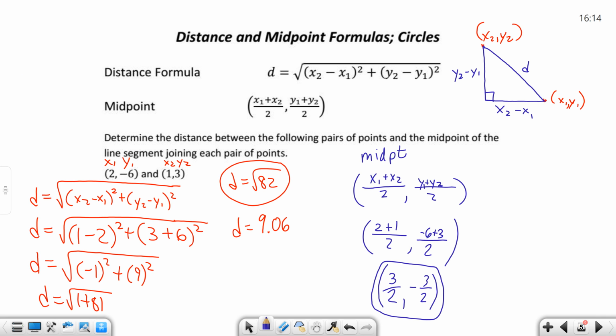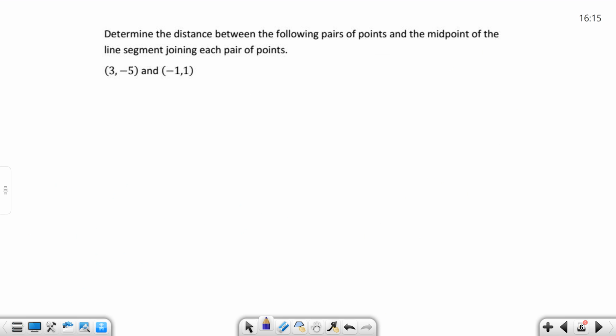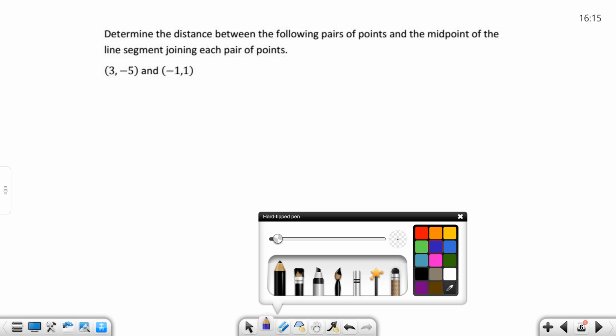But if you're just given integers like 2 and negative 6 and 1 and 3, you're either going to get an odd number over 2, which won't simplify, or an even number over 2, which will. Now, if you introduce fractions, then it all falls apart, and it could be any kind of fraction out there, and that's fine. You can deal with that if you have it. You're supposed to, in college algebra, know how to find the common denominator, right? So you could do that. It just may take you a minute or 2 or 5 or 10. All right? So let's do the next distance and midpoint.